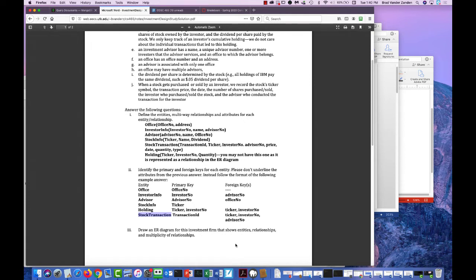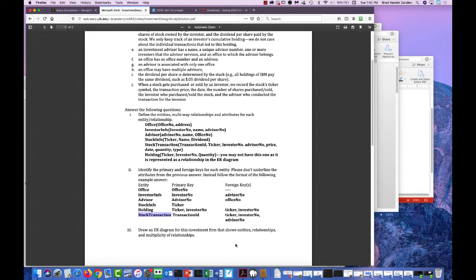So if you're that investor's advisor, probably a lot, right? You may have purchased IBM for them. You may have purchased Google. You may have purchased Apple.